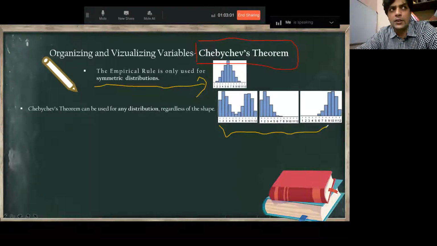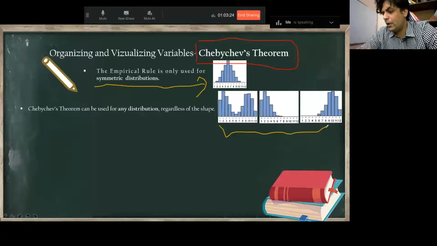And if somebody asks me about a non-symmetrical shape, how much range, where does a student with a score of 85 out of 100 fall in the distribution? So how do I know, regardless of shape? It is used on any kind of shape other than symmetrical.